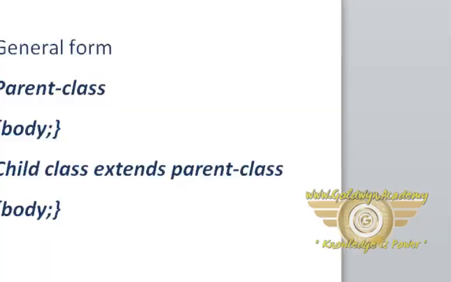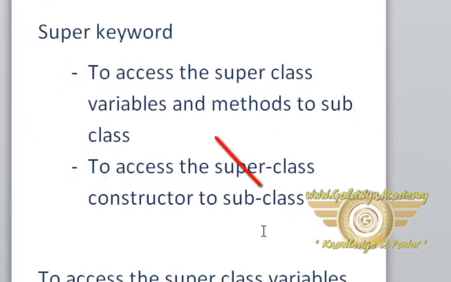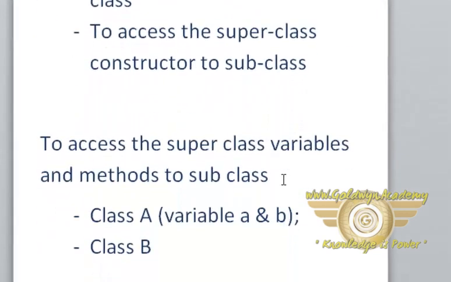Let's go through the keyword super. Keyword super is used to access the superclass variables and methods from the subclass, and it is also used to access the superclass constructor from the subclass. First, to access the superclass variables and methods from the subclass.